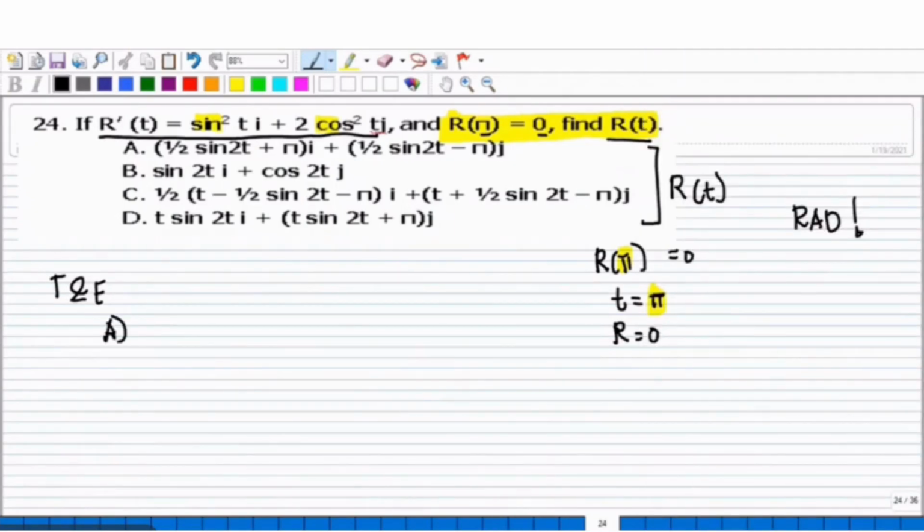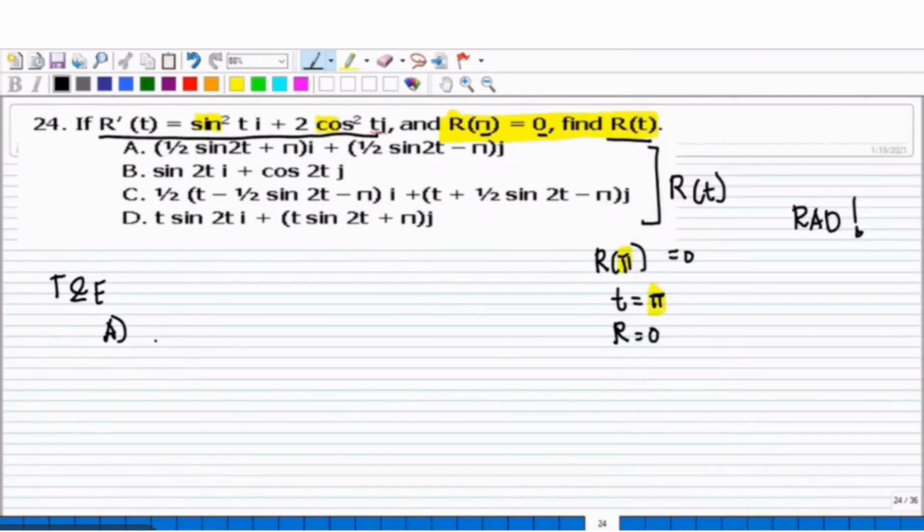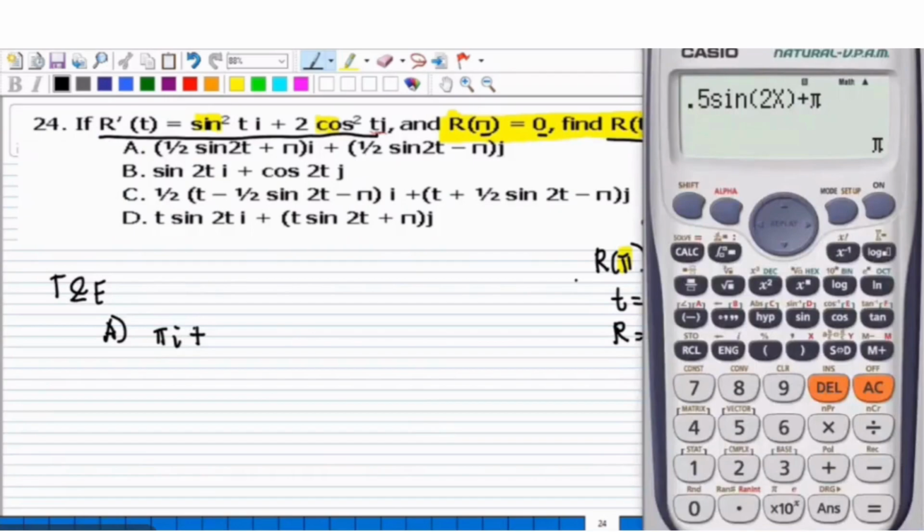So, that is 0.5 sine of 2t. So, 2x na lang po. Plus pi. Calc lang natin yan. So, 3.14. So, that's pi i. Then, yung ating j component or that's your y component, magiging minus lang po ito.